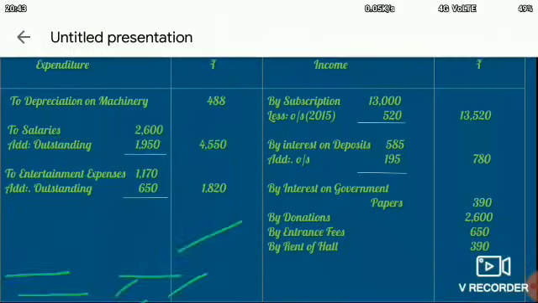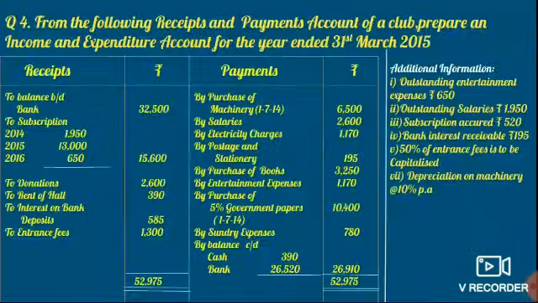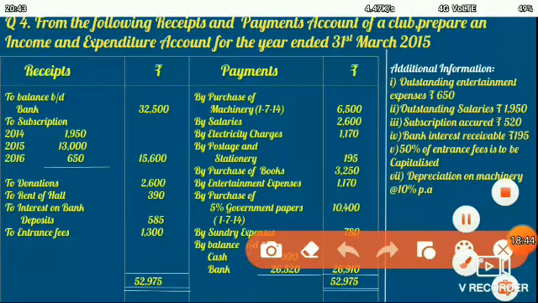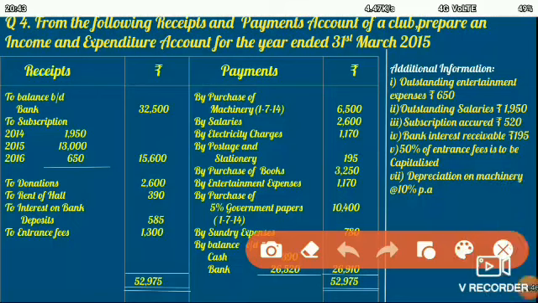1820. So let me take the remaining items which do not require adjustment. We have taken the depreciation, we have taken salary, so we have to take electricity charges, postage and stationery, then we have entertainment expenses we have taken, then we have to take sundry expenses of 780.